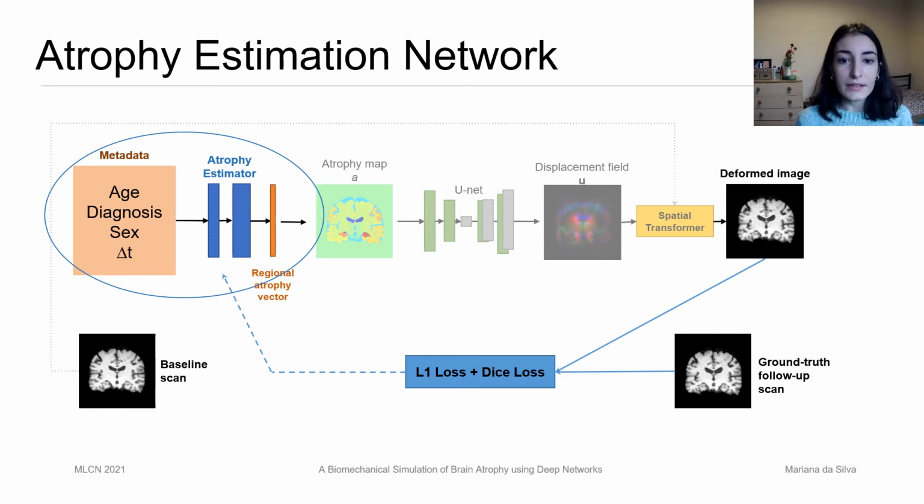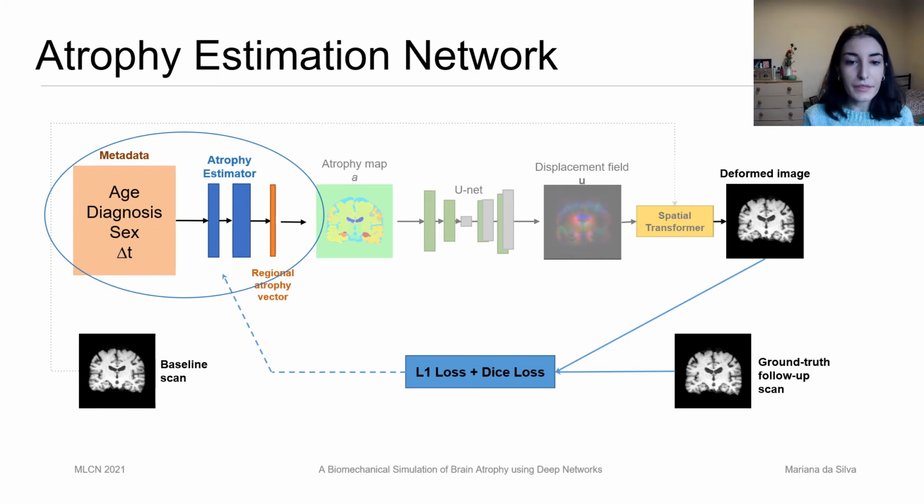When training the second part of the model, the atrophy estimator, we fix the weights of the pre-trained biomechanical model. As previously described, the goal of the atrophy estimator is to learn region-wise atrophy values from subject metadata.